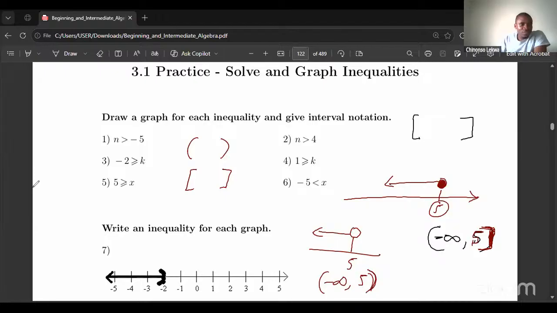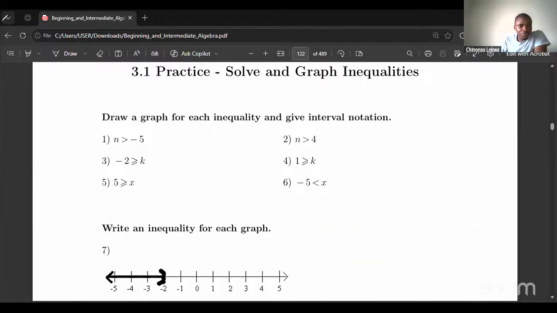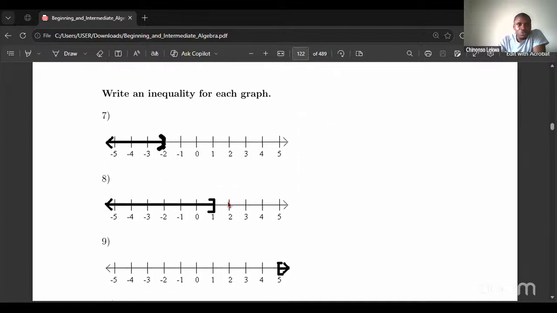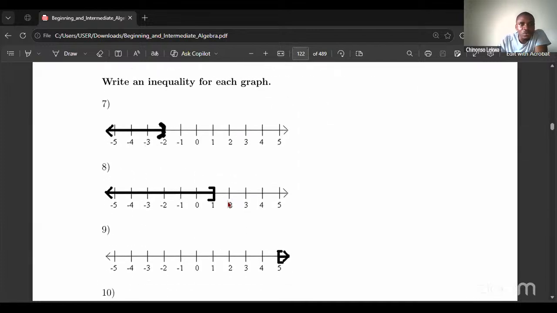So I think we can move to the next set of questions. For example, from question 7, where we need to write the inequalities of the given graphs. In question 7, we already have the graph. What we want to do is to write the inequality that represents this situation. You can see the difference between the starting point in 7 and 8. 7 is going to be less than, but 8 is going to be less than or equal to.